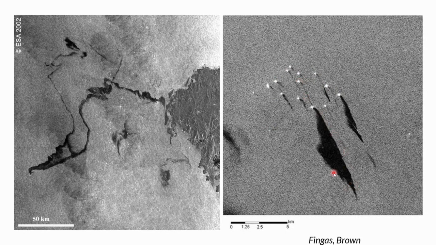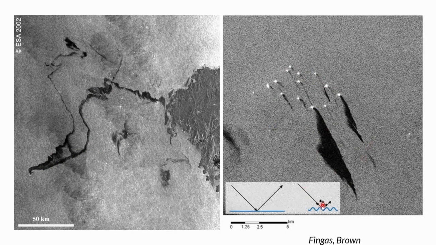And these black parts show us where the oil is spilled. Those are oil spills, and we can see them because of this phenomenon.